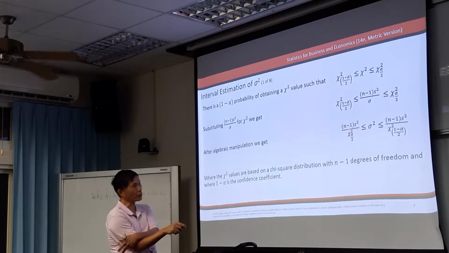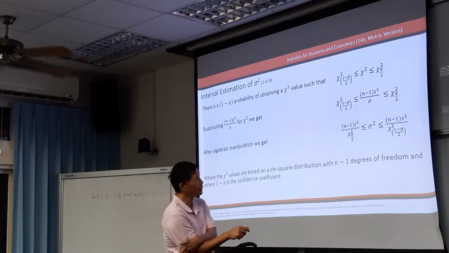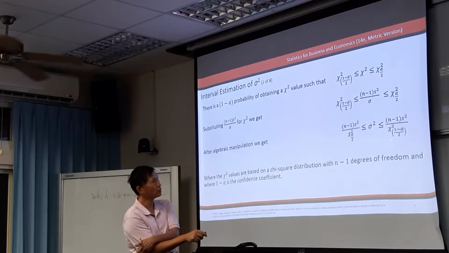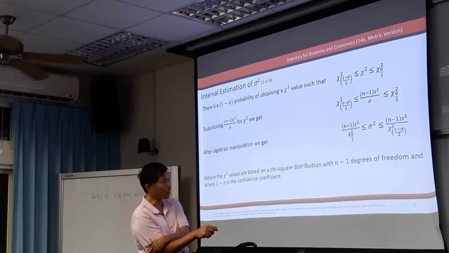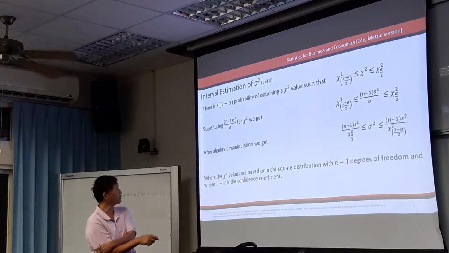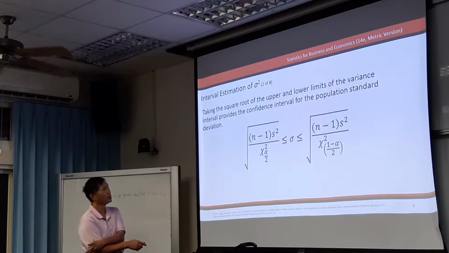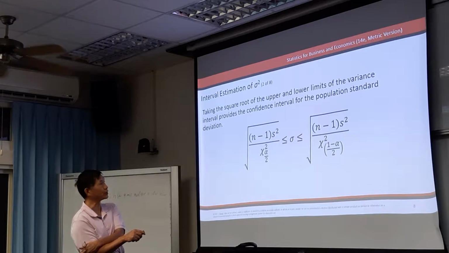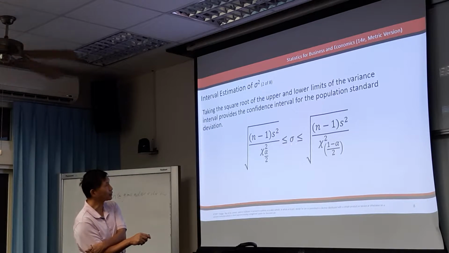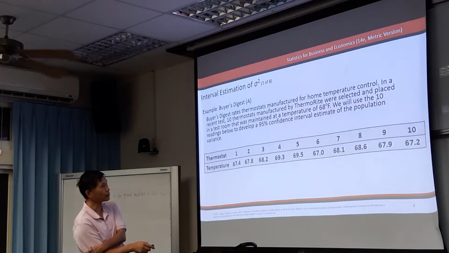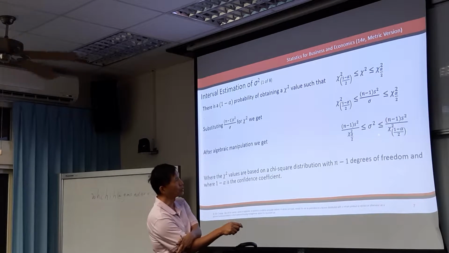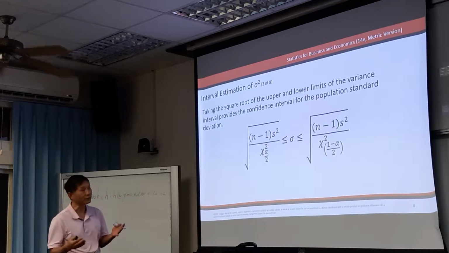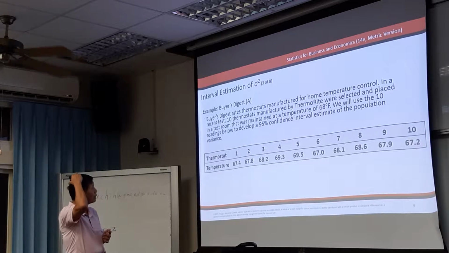Since this value is smaller, this one is smaller, so this value will be bigger. So this is the upper bound for the variance confidence interval. And usually we are interested in the population standard deviation. So the confidence interval for sigma is equal to this formula. You just take the square root of each side. So this is the confidence interval we are interested in.